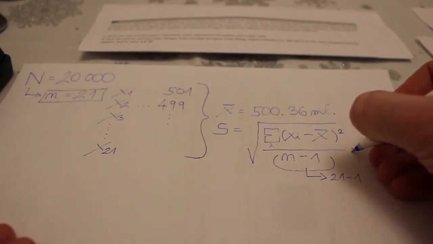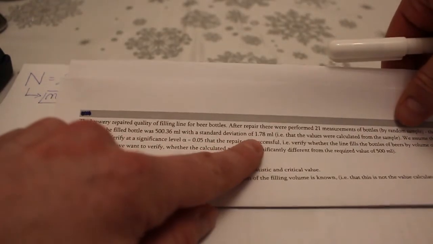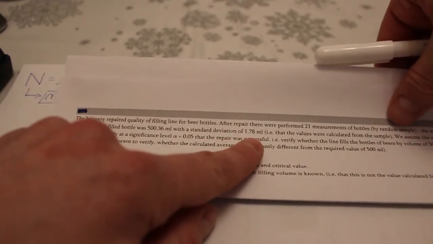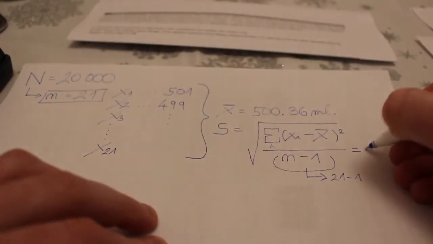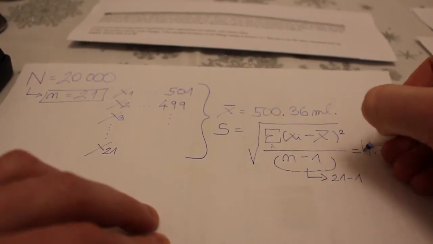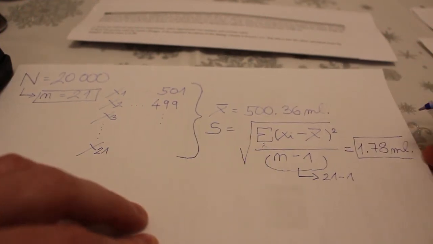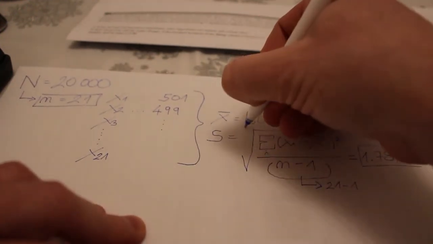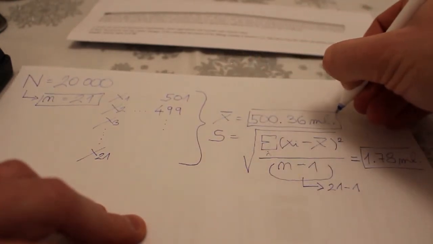And this standard deviation was calculated, according to the story written here in this example, as 1.78 milliliters. So you have here the sample standard deviation, and here you have the sample mean, sample statistics.